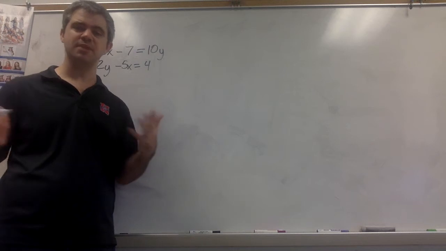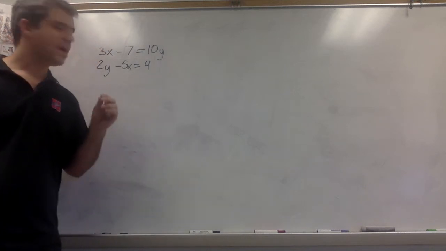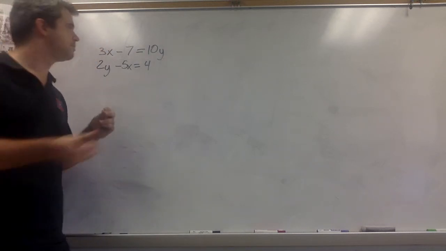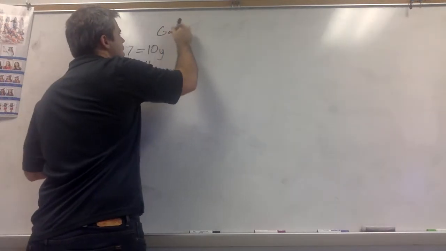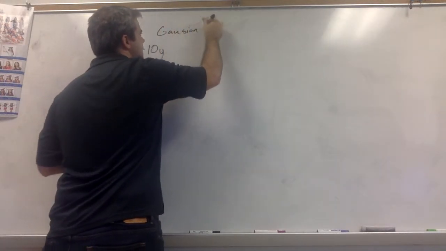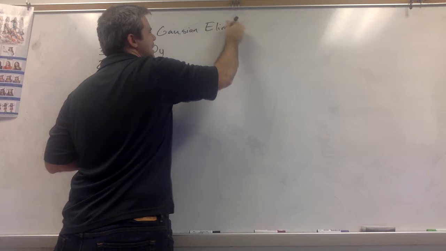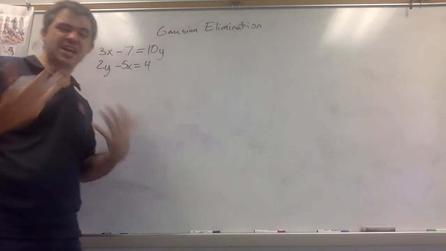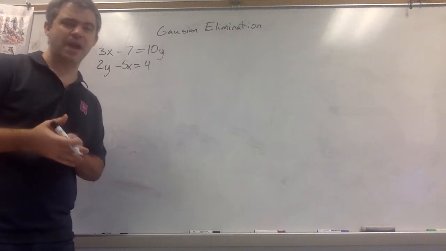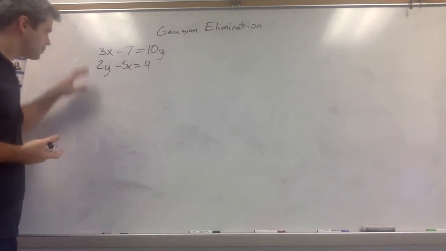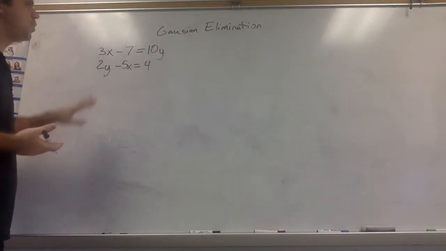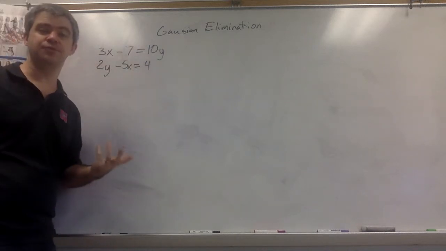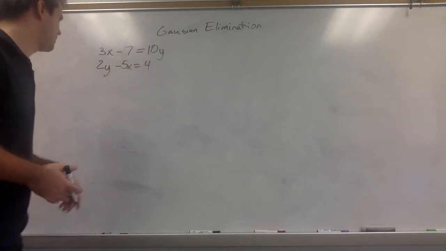So the process that we're going to do right now is called Gaussian elimination. The first thing you need to know about Gaussian elimination is that it's basically elimination, just written in a slightly different way. So the first thing I'm going to do is put it in standard form, just like we would with regular elimination.